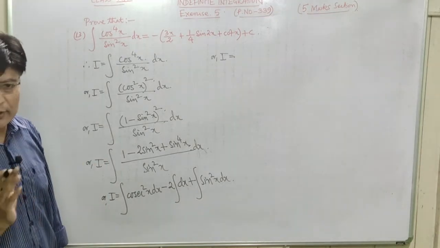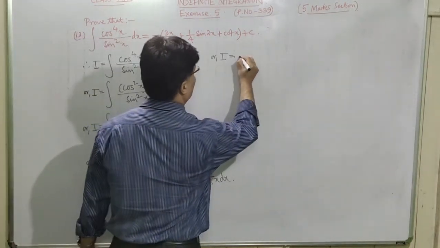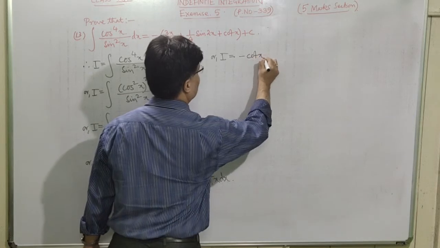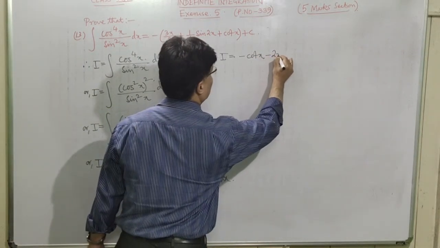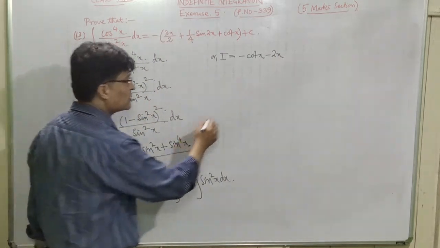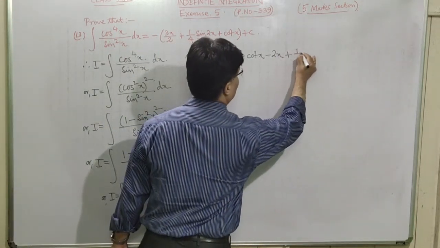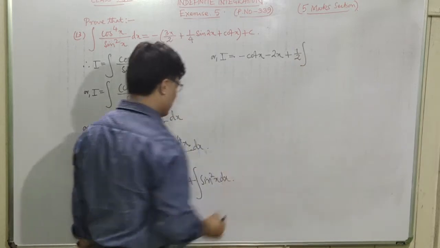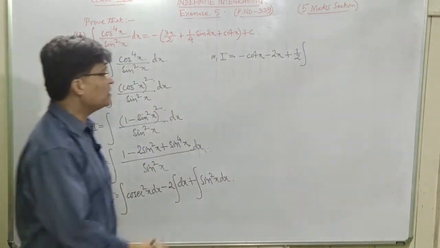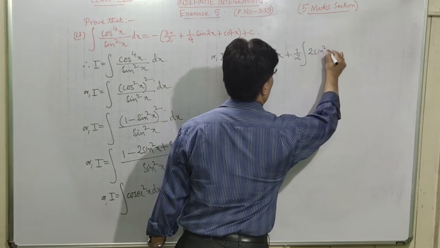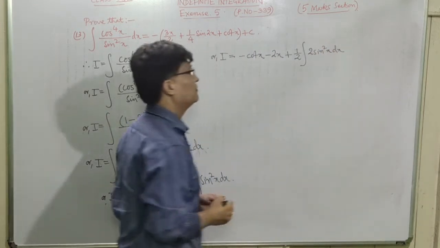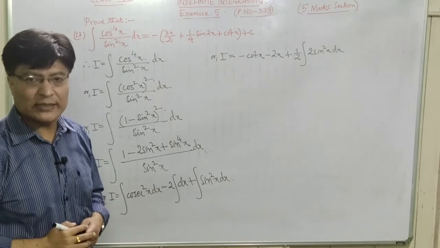That is, differentiation of which function is cosec²x? That is your minus cot x. Then minus 2 integral dx is x, plus you should write here half integration of 2 sin²x dx. I think you have understood it.